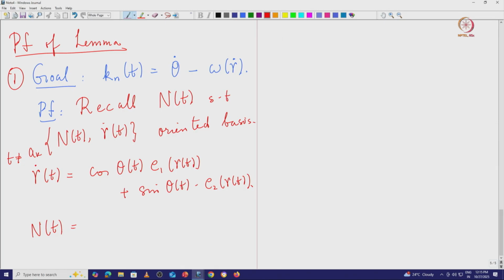By our construction, n of t is just perpendicular to gamma dot. So this is given precisely by minus sin theta of t times E1 of gamma of t plus cos theta of t times E2 of gamma of t.